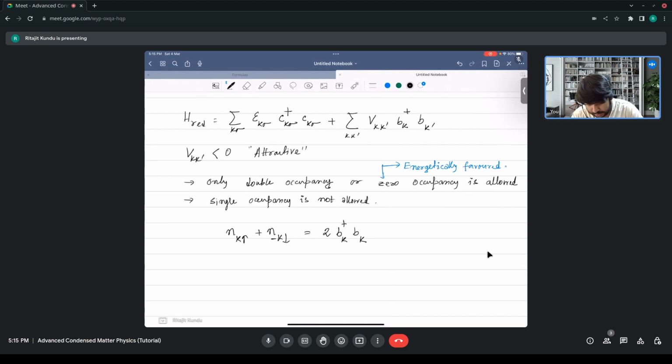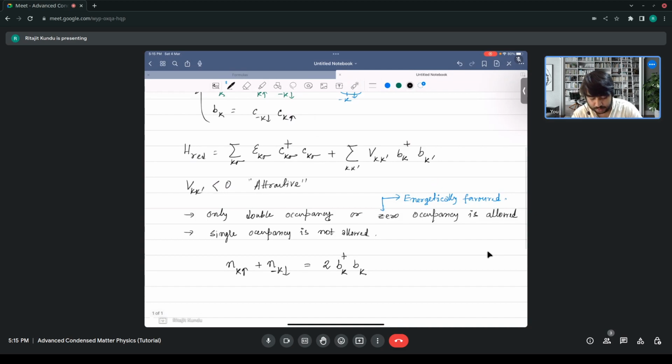What I have done here is replacing the nk and n minus k which appear here. The kinetic part is ek times nk, so here nk and n minus k appear, and I am assuming that the energy is just a quadratic function, as assumed in BCS. So the energy goes as h bar square k square by 2m. It is an even function, so minus k also gives you the same energy.